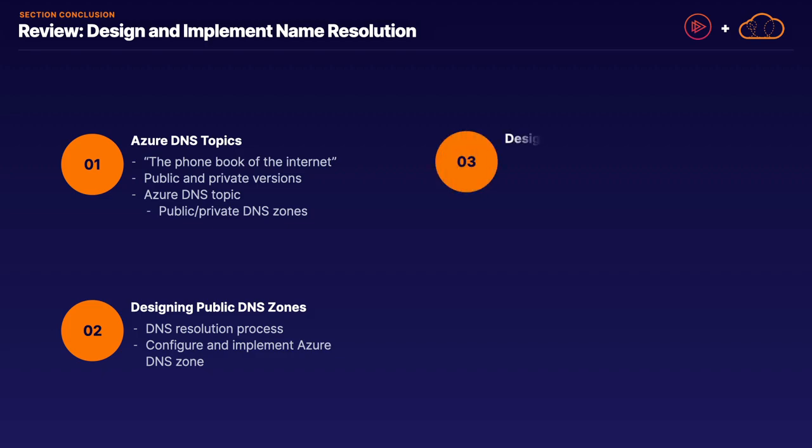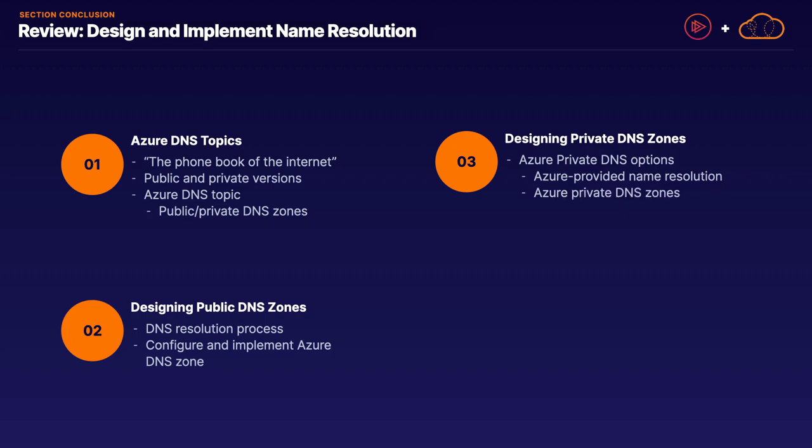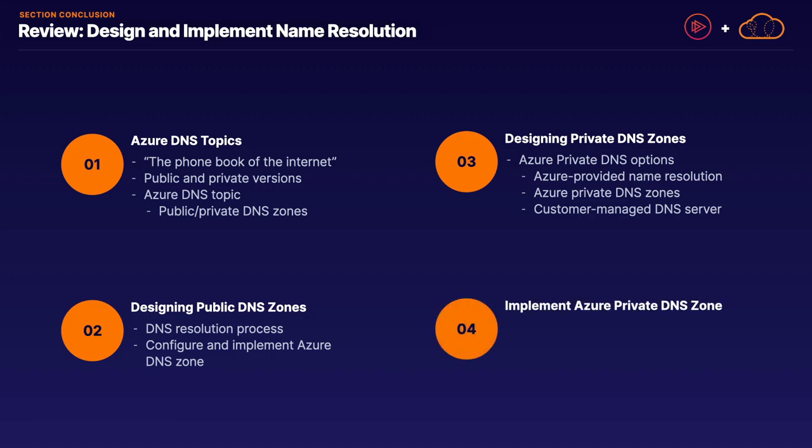Next, we turned our focus to private DNS, which has a bit more ground to cover, in which we covered the variety of private DNS options on Azure, which include Azure Provided Name Resolution, Azure Private DNS Zones, and a more manual customer-managed DNS server option. We then further expanded on working with private DNS zones by talking about a couple of different implementation methods based on our specific scenarios.